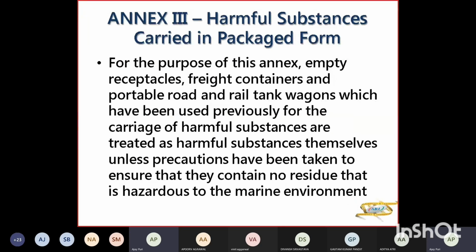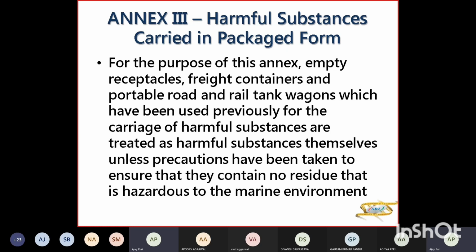So for this purpose, empty receptacles, freight containers, portable road and rail wagons which we have not cleaned, and they have been used for carriage of harmful substances, are treated as harmful substances unless precautions have been taken to ensure that they do not contain residue which is hazardous to marine environment.